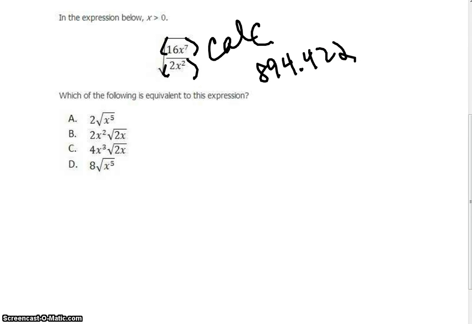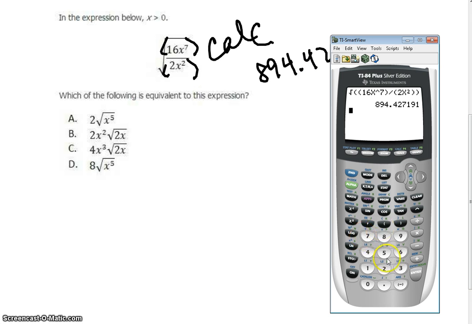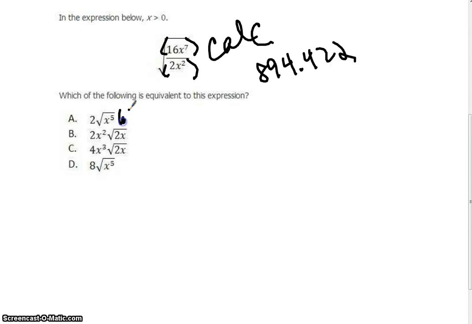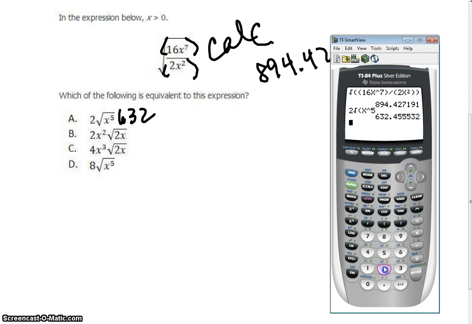894.427. So then we're going to say 2 square root of x to the 5th. And we get 632, so that should not be it. So then we're going to say 2x squared times the square root of 2x.